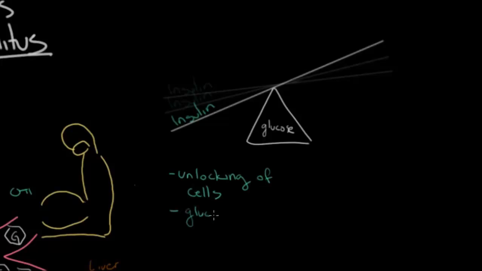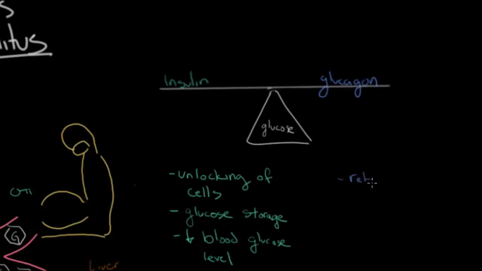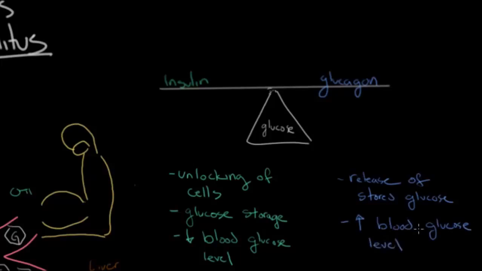It will also allow the liver to store the glucose, and then both of these things result in a lowering of the blood glucose level. Then as this gets too far, the pancreas reacts, and it then has glucagon to shift the balance by causing the release of that stored glucose, which results in a raising of the blood glucose level.